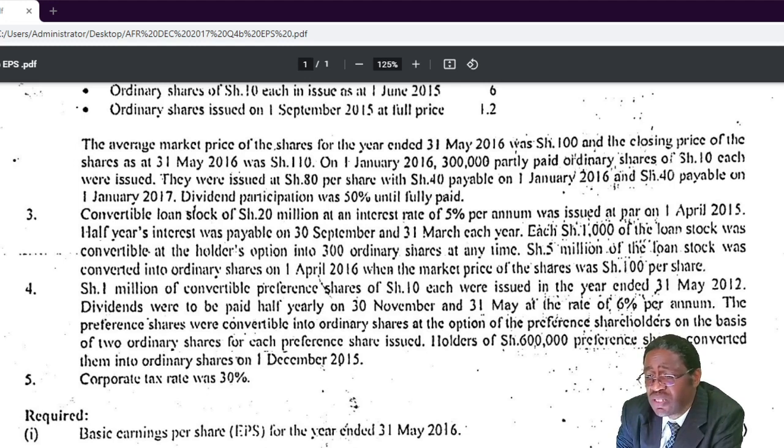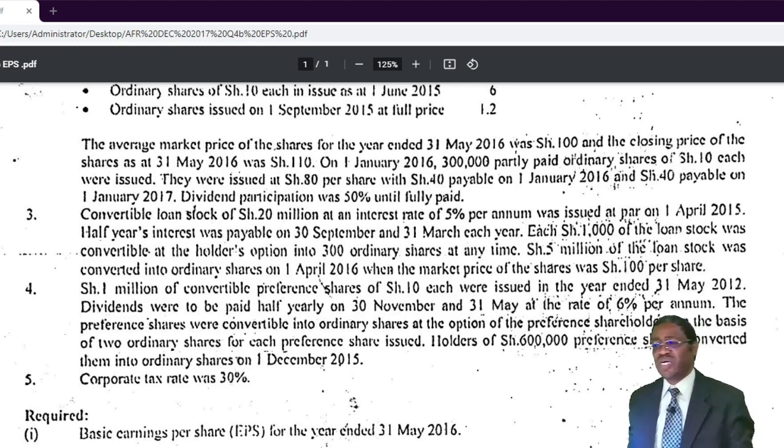The preference shares were convertible into ordinary shares at the option of the preference shareholders on the basis of 2 ordinary shares for each preference share issued. Holders of shillings 600,000 preference shares converted them into ordinary shares on 1st of December 2015. Number 5, corporate tax rate was 30%.